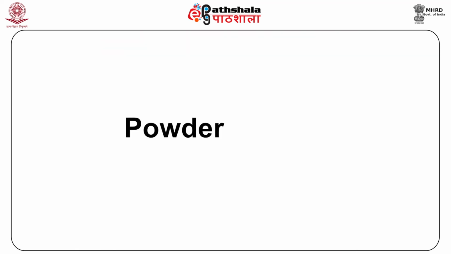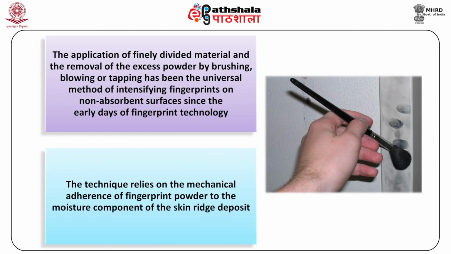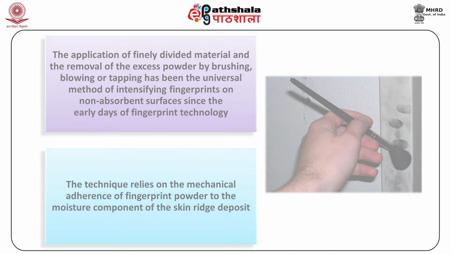Number 1 is the powder method. The application of finely divided material and the subsequent removal of the excess powder by brushing, blowing, or tapping has been the universal method of intensifying fingerprints on non-absorbent surfaces. Since the early days of fingerprint technology, the technique relies on the mechanical adherence of fingerprint powder to the moisture component of the skin ridge deposit.